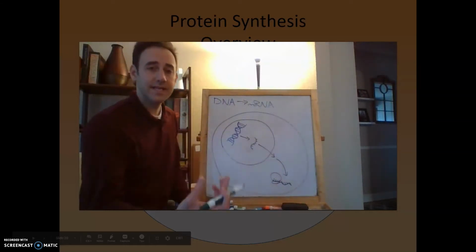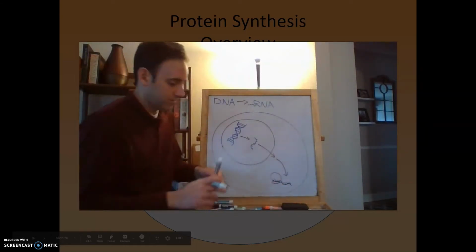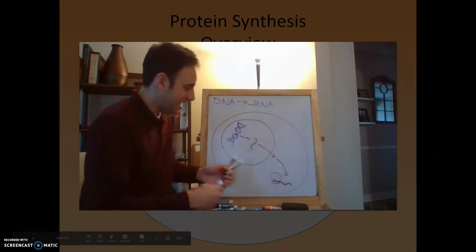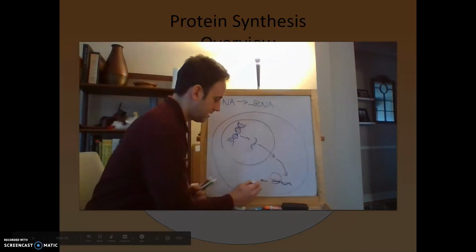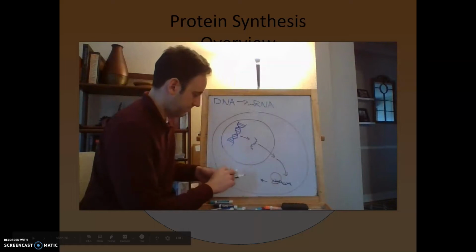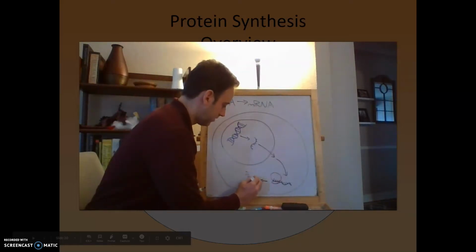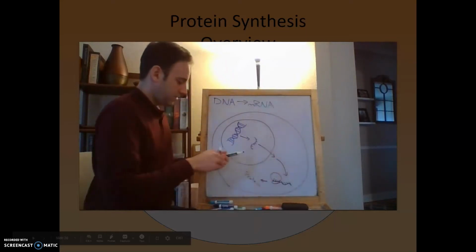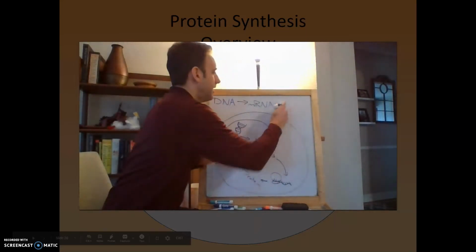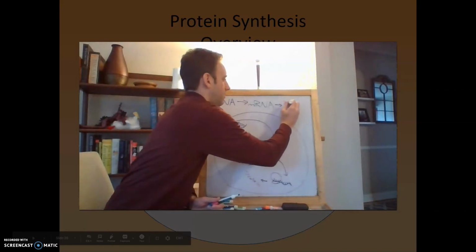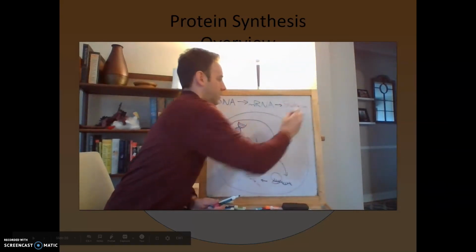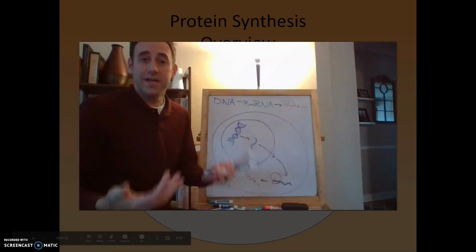In other words, you're going to take that recipe, and in that ribosome, you are going to use it to make a protein. Okay, so you're going to convert the messenger RNA to a protein. In other words, you're going to make your cake.